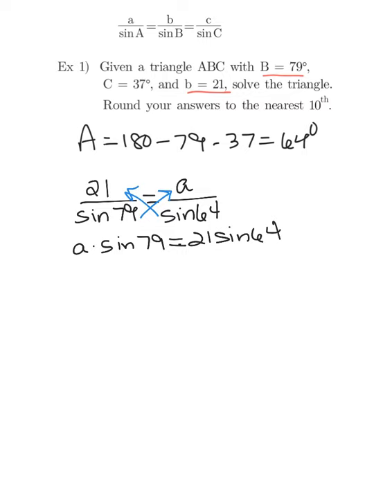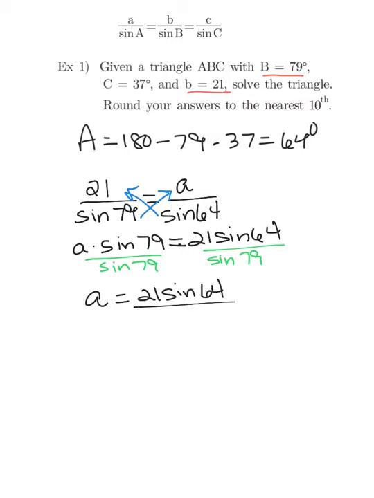We need to solve this for A. So in order to do that, we're going to divide both sides by the sine of 79. So A equals 21 times the sine of 64 over the sine of 79. If you do that on your calculator, you should get, remember, round to the tenth, 19.2.